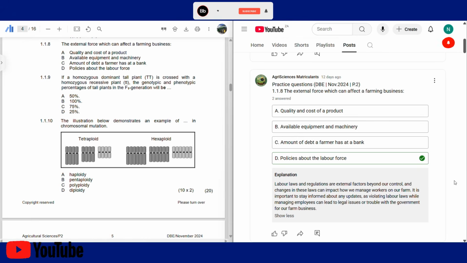1.1.9, if a homozygous dominant tall plant, which is TT, is crossed with a homozygous recessive plant, tt. So we have a tall plant, which is capital letter T, and a homozygous recessive plant, which is small letter tt.